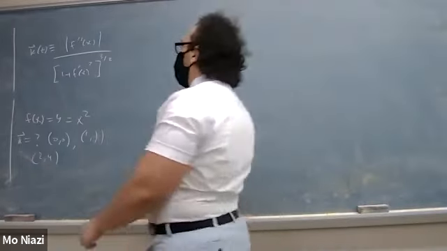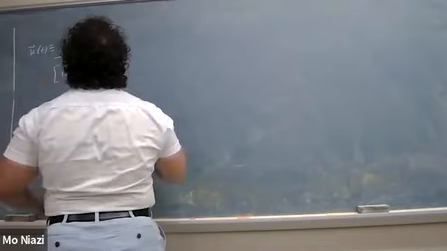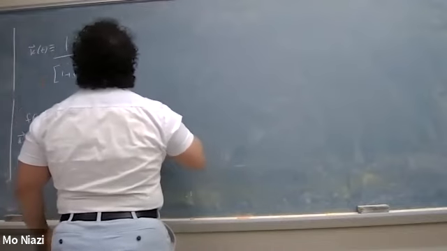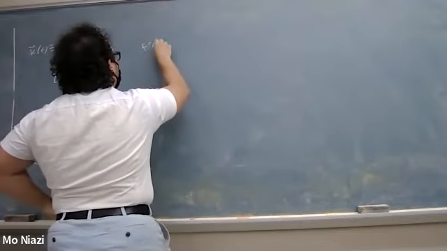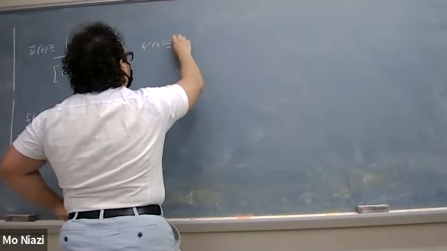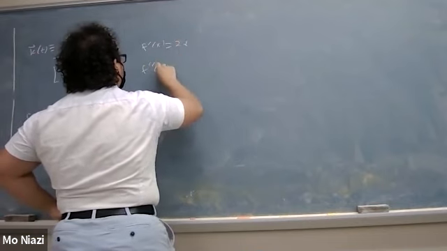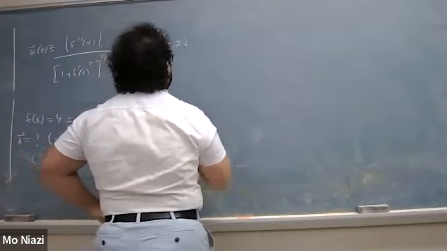So we have to take 1 derivative and 2 derivatives of our function to be able to plug into this formula. So f prime of x is d/dx of x squared, which is what? 2x. f double prime of x is d/dx of 2x, which is 2.